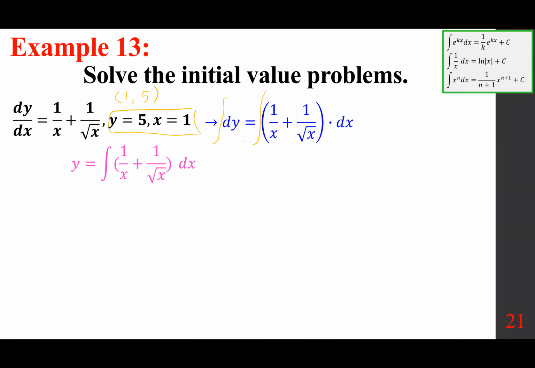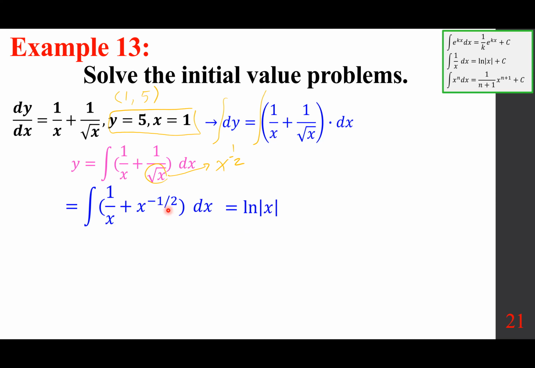And to integrate, we know 1/x is a natural log, so we are going to change square root of x to x to the power of 1/2 and bring it up, make it negative 1/2. So we get it ready for the power rule. The first part is obviously natural log.